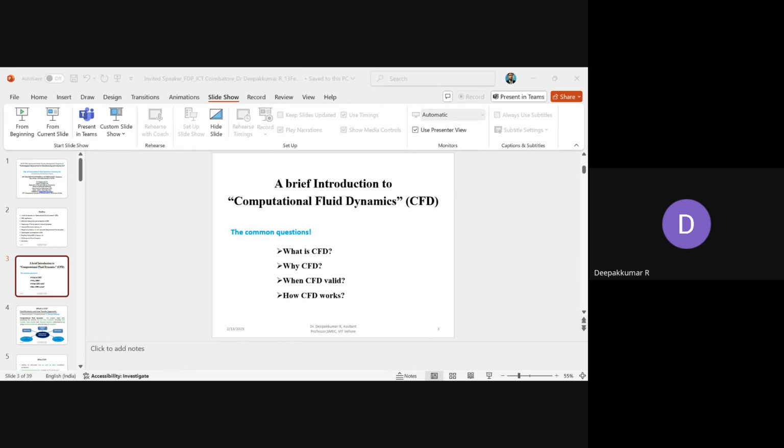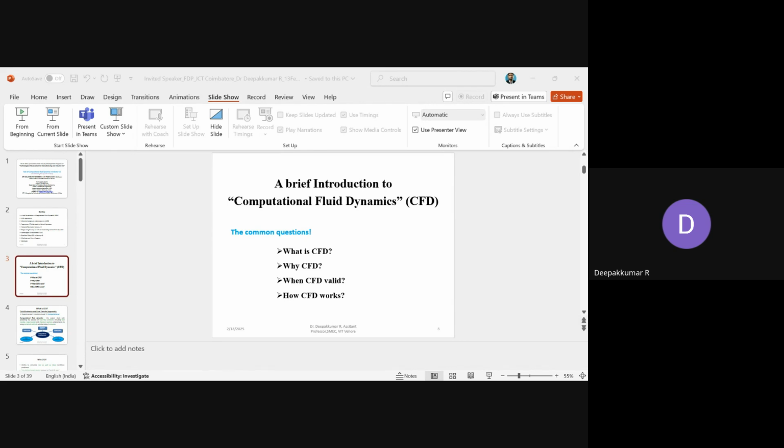These equations are in the form of integral equations, so you have to convert the integral equation into discretized algebraic equations. That is our background work in CFD software. These algebraic equations will be solved with the help of numerical methods. In this example I am considering only fluid flow and heat transfer, where the corresponding 5 variables are mentioned here.